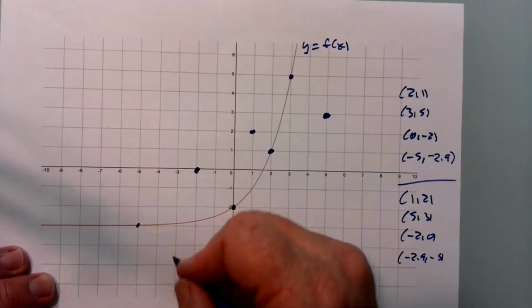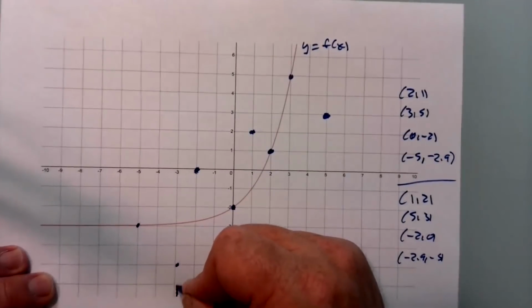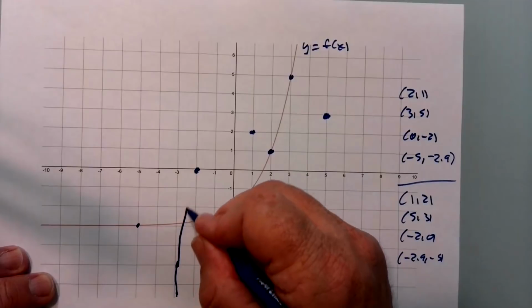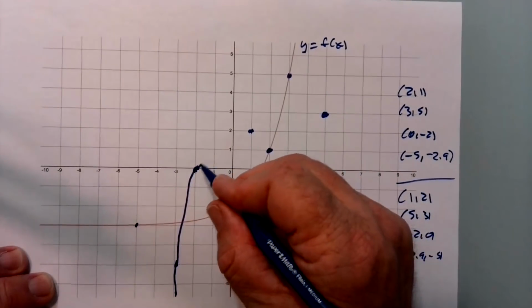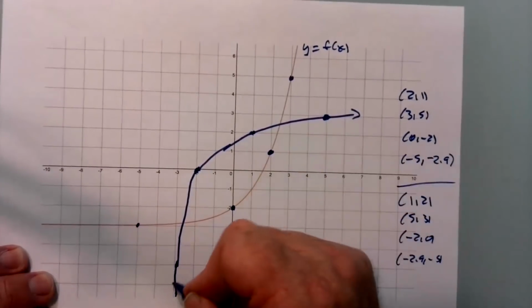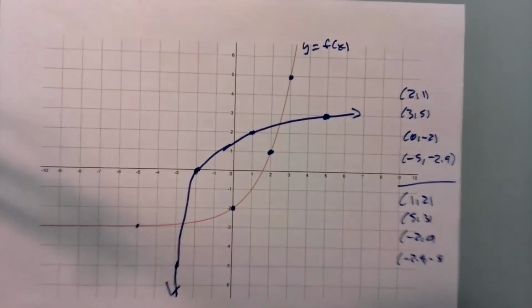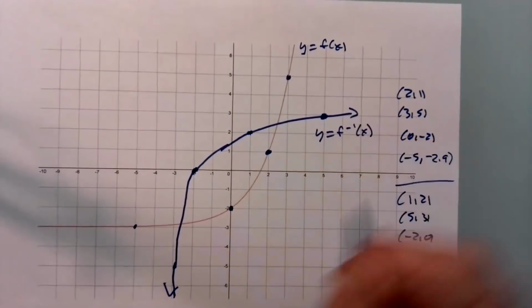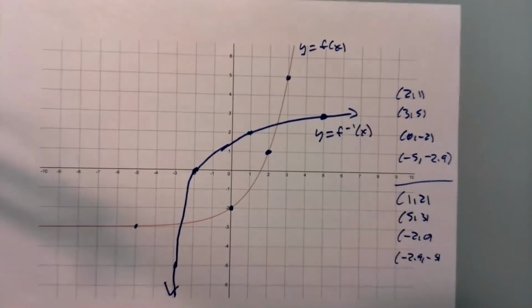So we can see the asymptote is going this way. And then we're going to follow up through these points to get a version of the graph of y equals f inverse of x. Looks good, I hope.